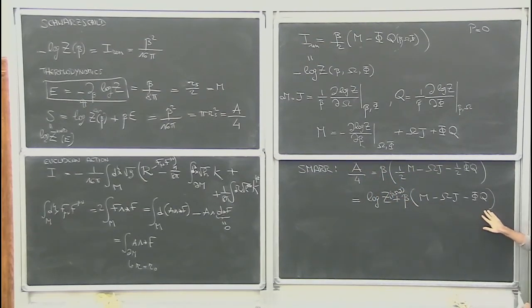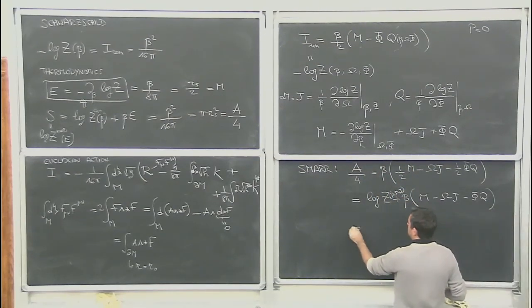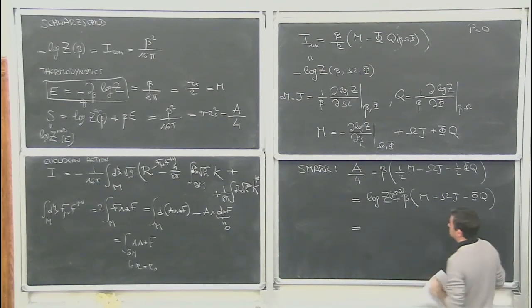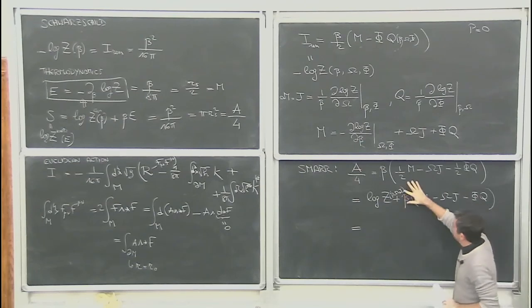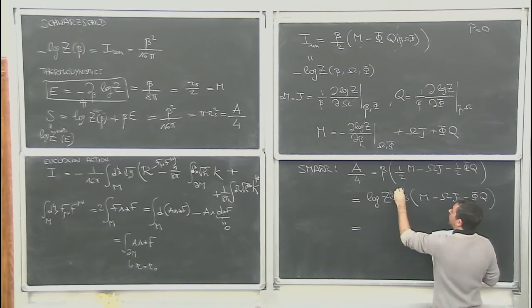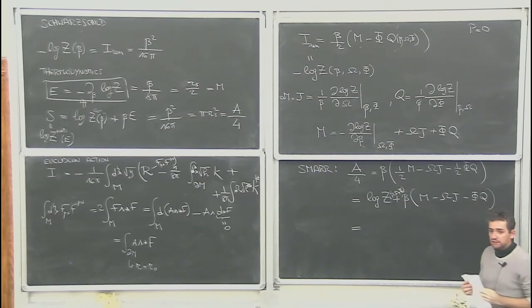And so when we do the Legendre transform, what we obtain is the partition function in the ensemble where beta, omega, and phi are replaced as independent variables by the conjugate charges.